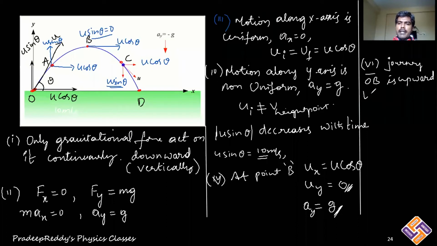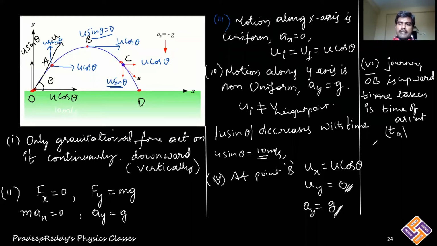So the time taken to travel in this upward journey is called time of ascent, denoted with TA. So the time taken by a body to start at O and reach B is called time of ascent.